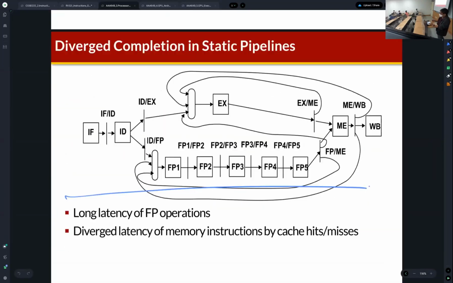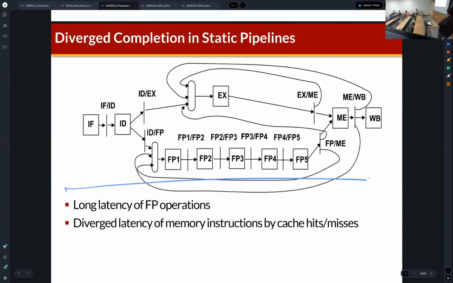Also, it's very important that you understand the pros and cons of the out-of-order processor architecture. And then you also need to think about why the GPU uses the statically controlled pipeline architecture.